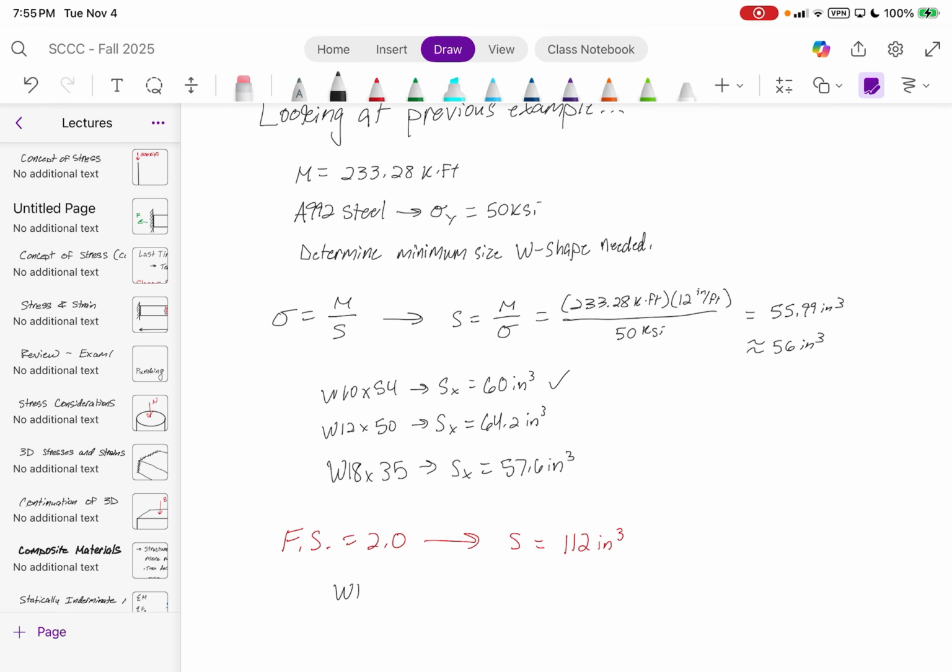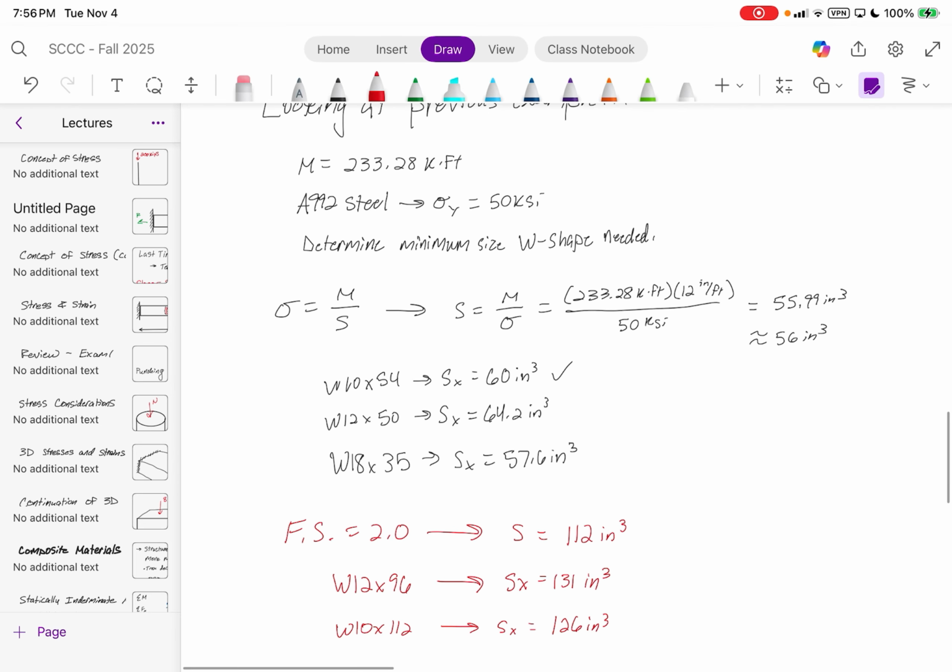A W12 by 96 gives us S X of 131 cubic inches. What else? W10 by 112 gives us 126 cubic inches.